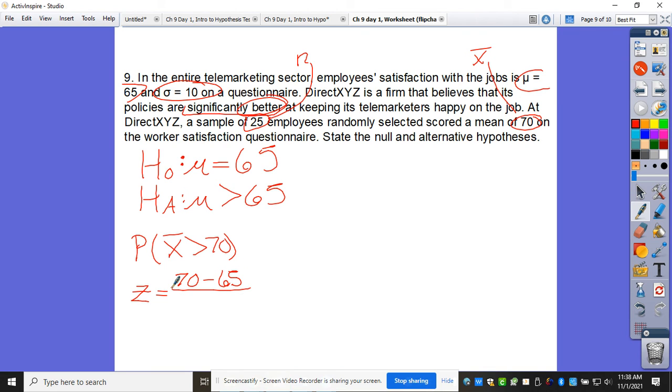How do I find my standard, or how do I find what goes here? What does that equal? And we don't have S this time, we have sigma, right? So sigma over square root n. Yeah, but do we have sigma X bar? Or that's what we're putting here.